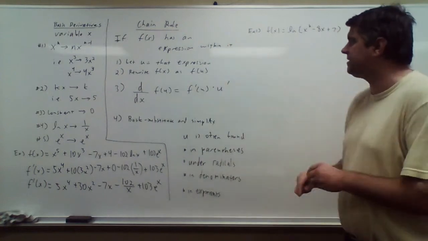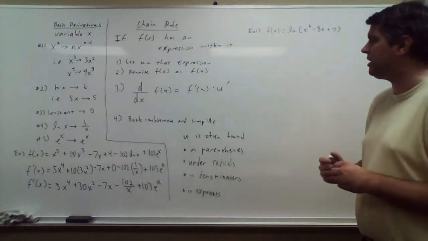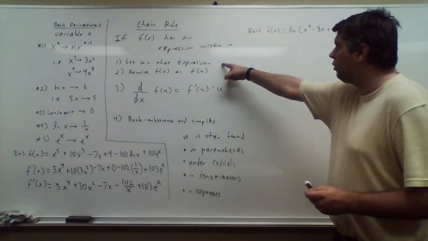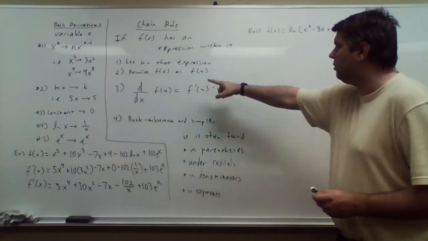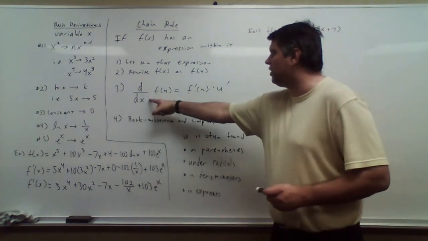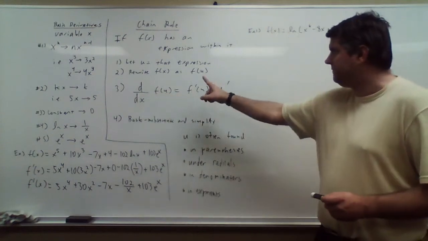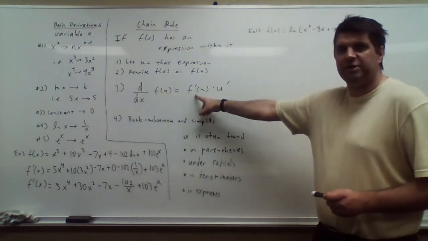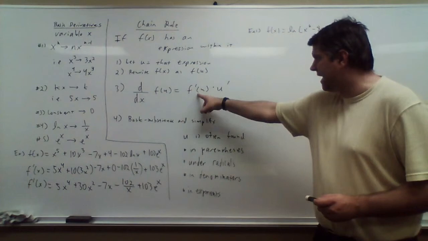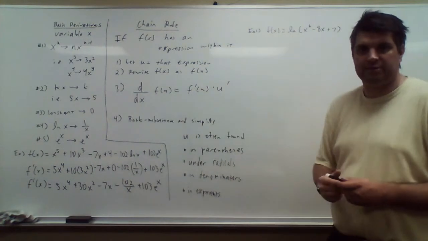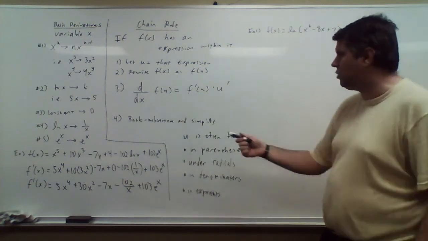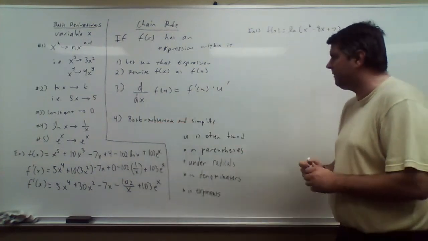If f of x has an expression within it, let u equal that expression. Rewrite f of x as f of u. The derivative with respect to x of f of u would be: you apply the differentiation rule to u, and then you take the derivative of whatever u is, u prime. You'll need them both. And then you back substitute and simplify.